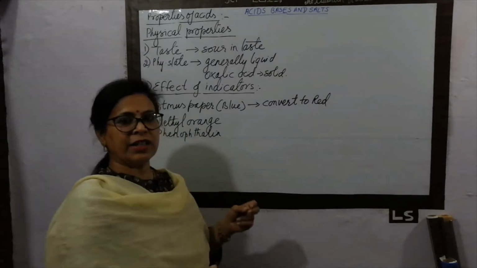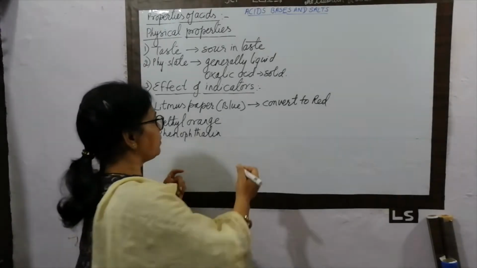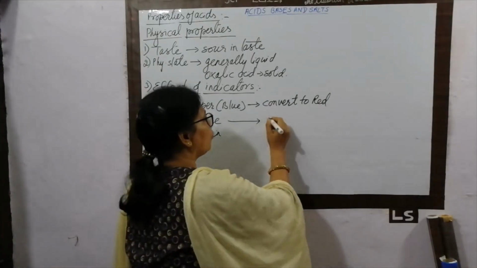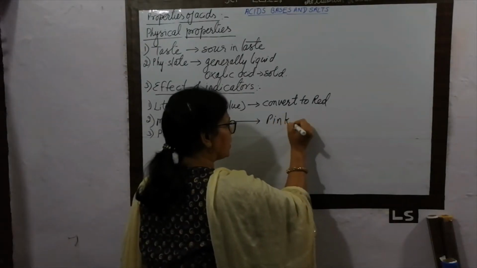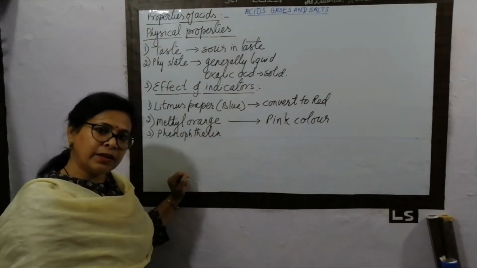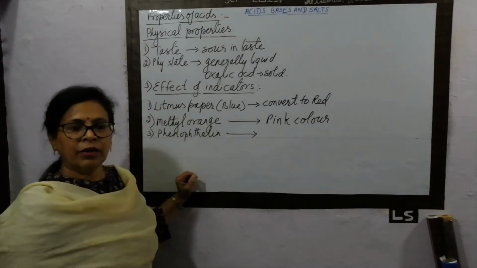Now methyl orange, as I told you, the color of methyl orange is orange. When this methyl orange comes in contact with the acid, what happens? The color of methyl orange changes to pink. If it changes to pink, it means the solution is acidic in nature. Third indicator is phenolphthalein.